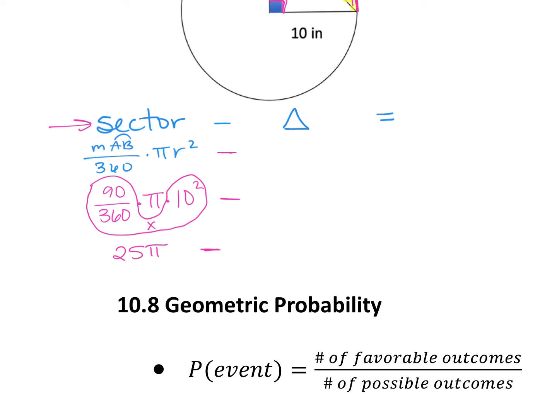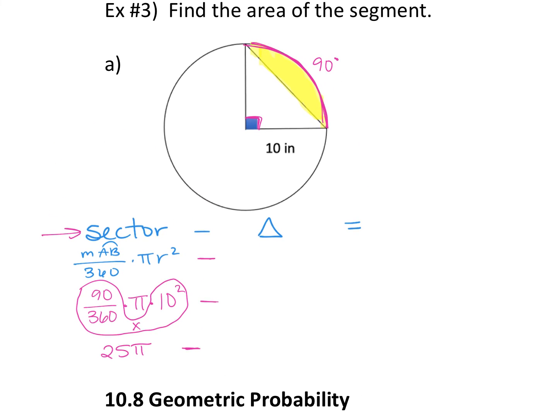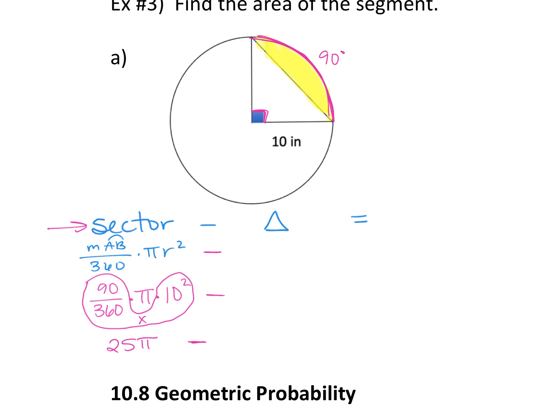I'm going to subtract the area of the triangle. Now here's the deal, guys. I'm going to show you two ways you could do this. You have to determine what's easier to you.